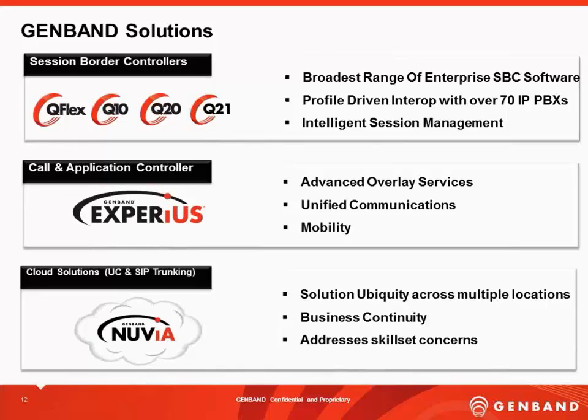So those are from a product standpoint, and you can buy them as products, or you can have them as a service from one of our cloud solutions, which is branded as Nuvia. So those are really the three offerings that we have for enterprises.